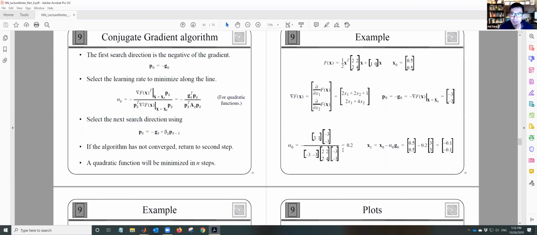But if you use minimization along a line, it may take maybe 10 to 20 iterations. But if you use conjugate gradient, it may only take you 3-4 iterations. It's a big reduction, so it will be more computationally efficient, and it's a better algorithm. Yeah, thank you. You're welcome.